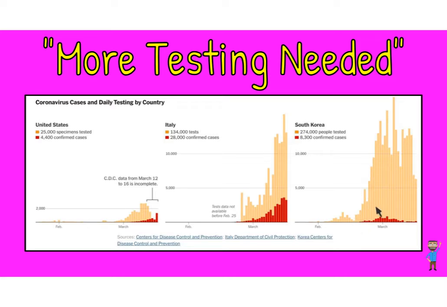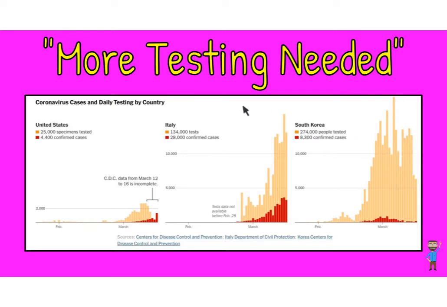And then the testing starts to jump. The yellow bars represent the number of people tested. The red bars represent the number of confirmed cases or positive tests. So you can see each day, the number of people tested is above 10,000. Since about the beginning of March, there have been over 10,000 people tested a day, sometimes way more.